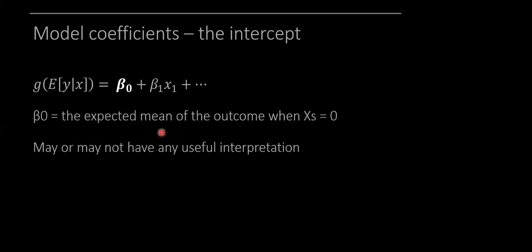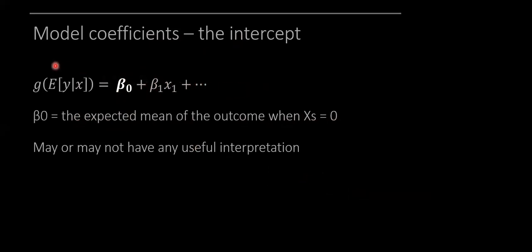A quick note on our linear predictor: you might have noticed the initial coefficient doesn't have an independent variable associated with it. This coefficient is called the intercept, and it represents the expected mean of the outcome when all the other x's are set to 0. If you imagine each of the x's set to 0, then when we multiply any coefficient by 0, we get 0, so they're all switched off.